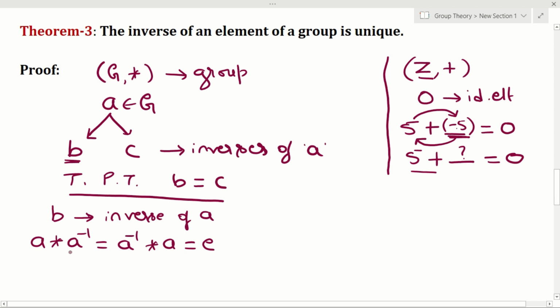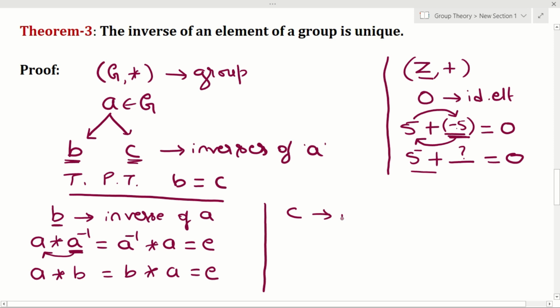Now A inverse means the inverse of A. But what we have here is B is the inverse of A. Therefore, using inverse law, we get A star B is equal to B star A is equal to E. On the other hand, we have C is the inverse of A.